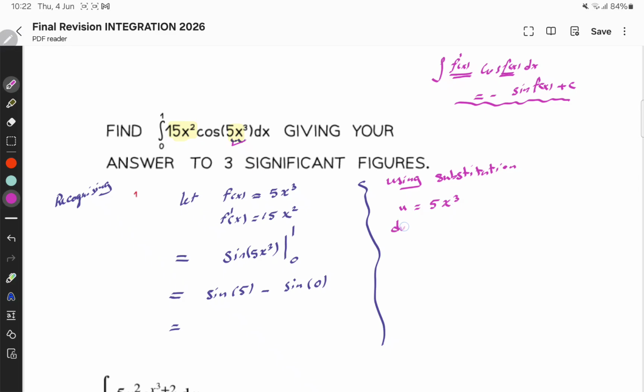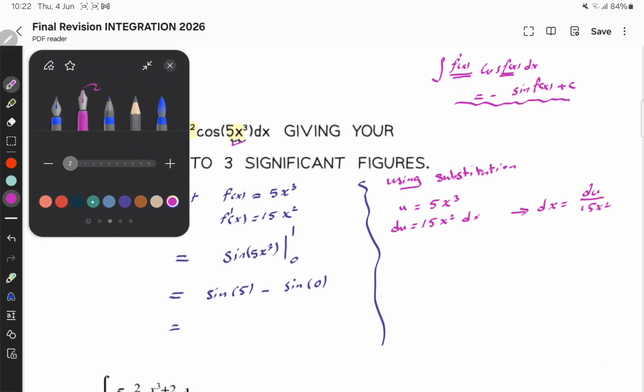Now implicit differentiation: du, the derivative of that, is 15x squared with respect to x. And we do implicit differentiation to state the value of dx in terms of u. It will be du over 15x squared. Now we're back to integrate.